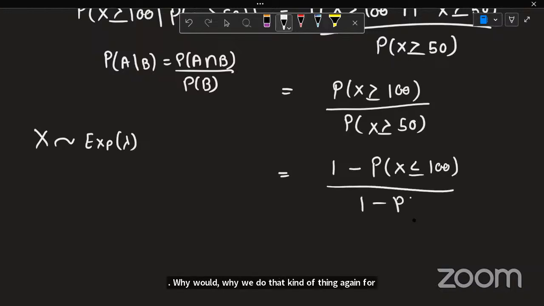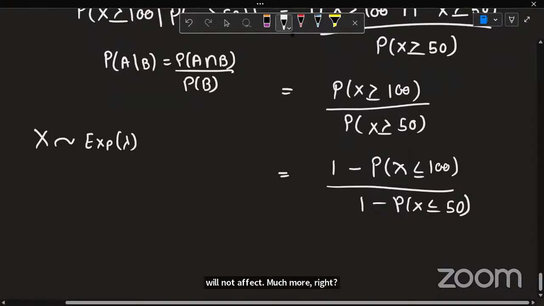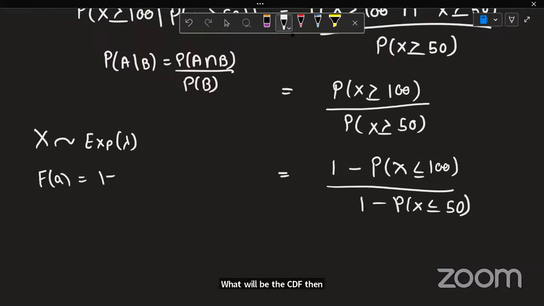1 minus probability x less or equal to 50. Or this will be strictly less than, but we know that this will not affect much, so I'm not changing it. So CDF for 100, CDF for 50. X is following exponential distribution. What will the CDF be? 1 minus e to the power minus lambda a.